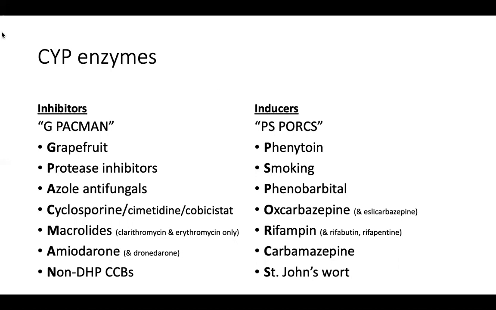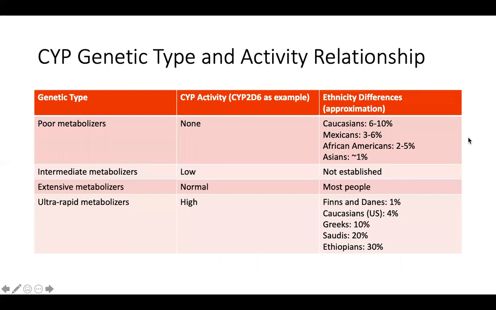So here it is: grapefruit, protease inhibitors, the azole antifungals, etc. St. John's wort we see a lot of, definitely rifampin, smoking, etc. And here's a chart with the CYP activity, the genetic type or polymorphism, and then ethnicity differences. I don't think that's something we would be tested on, but it's good to know and have in the back of your head.